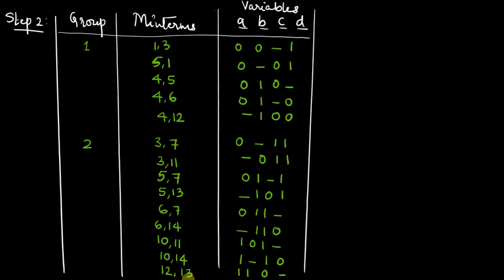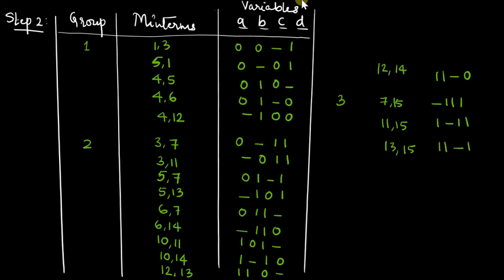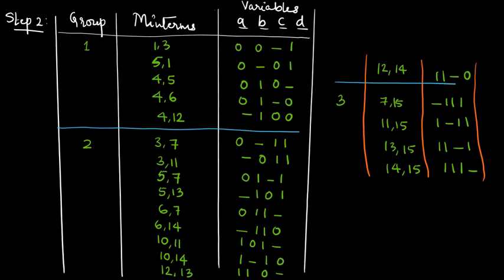I do not have enough space here, so I will continue with group 3 on the right hand side. Again I need to compare the successive groups and find out which can be paired up and combined. Here you need to be very careful because you need to compare even the dashes. The dashes have to be tallied.